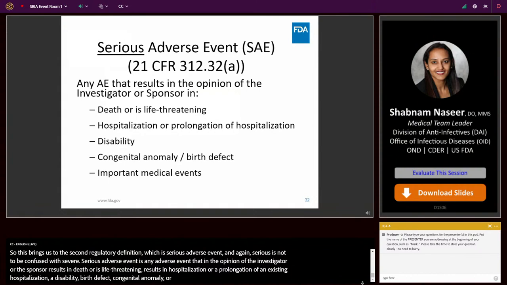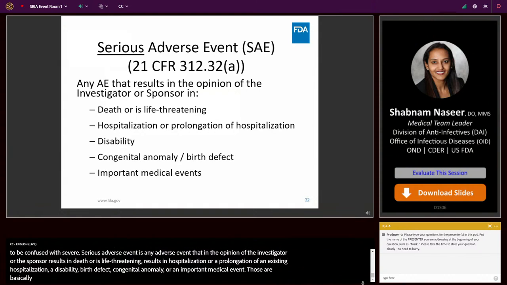Those are basically ones that may jeopardize the patient or require intervention to prevent one of the outcomes listed above. An example of this is allergic bronchospasm, which required intensive treatment in an ER or at home.